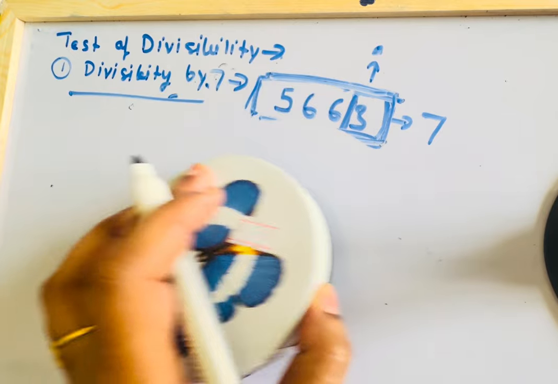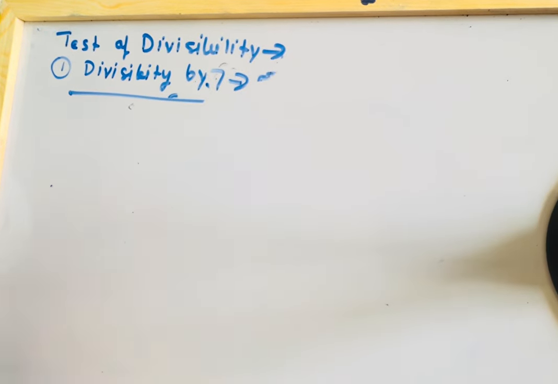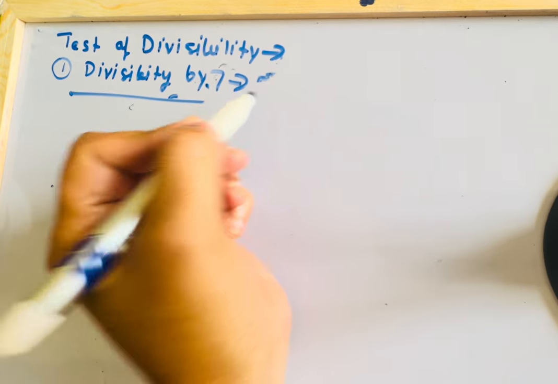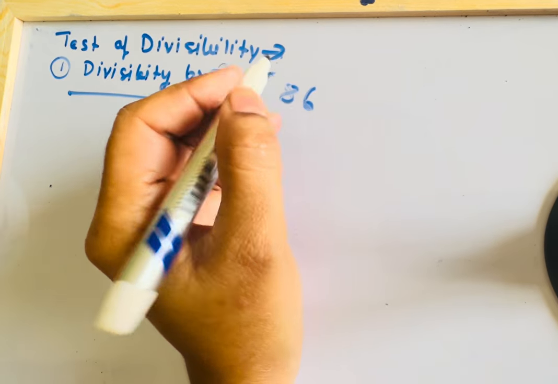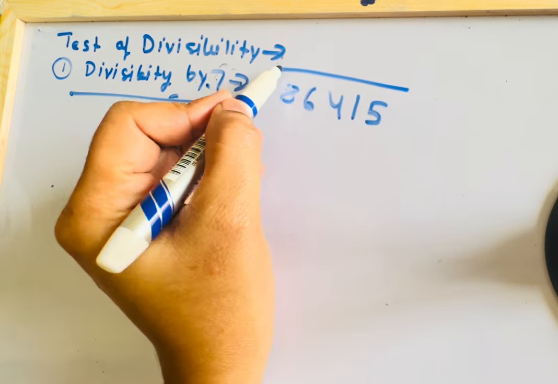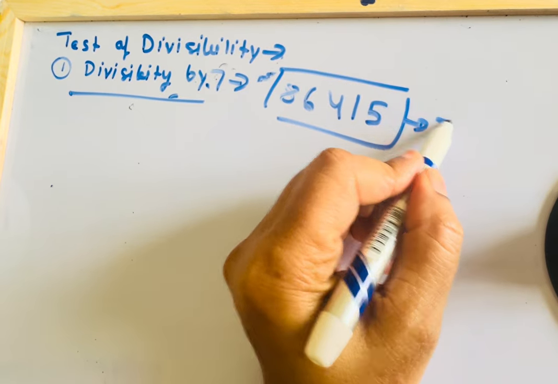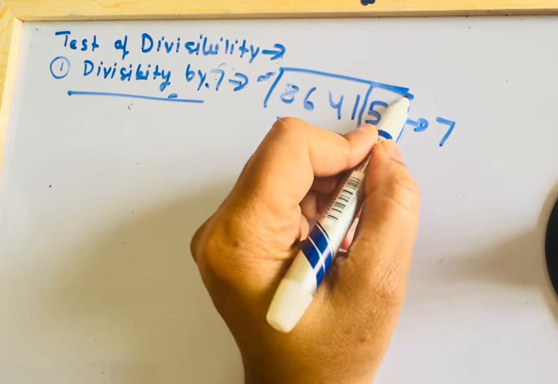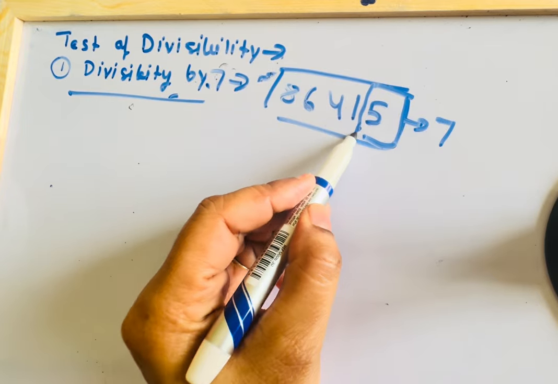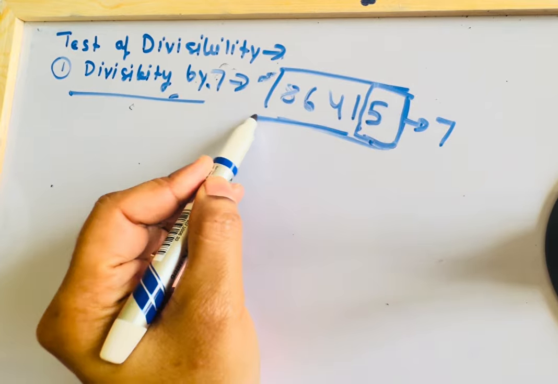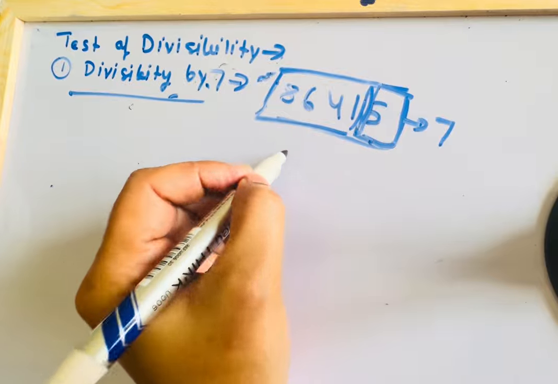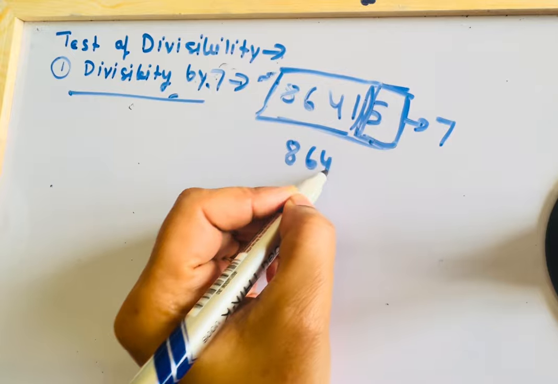Another example. How to check whether that number is divisible by 7 or not? 86,415. See, the difference between twice the last digit and the remaining number. What is the remaining number? 8,641.